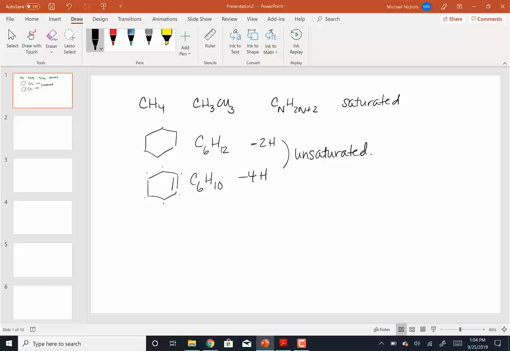So that's an unsaturated molecule. Saturated means the maximum number of hydrogens; unsaturated means less than that. Those terms come about when we talk about fats or oils.